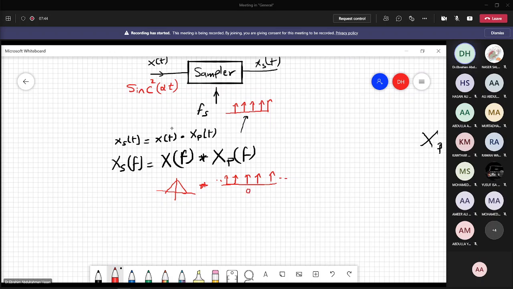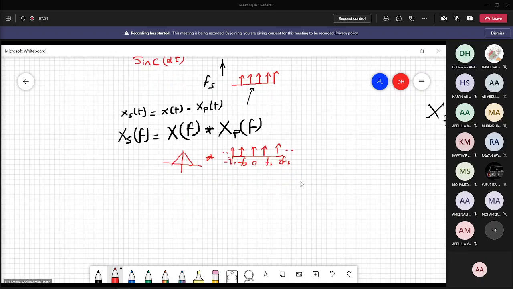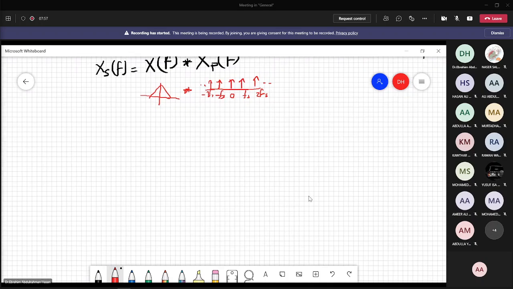Okay, this is at 0, this is at fs, 2fs, minus fs, minus 2fs, and so on. What do we get here? اللي بحصل الآتي. This is f.